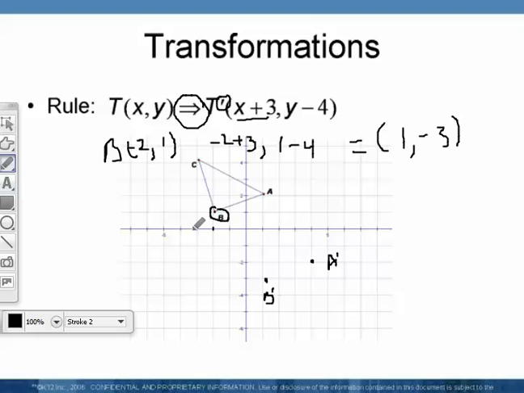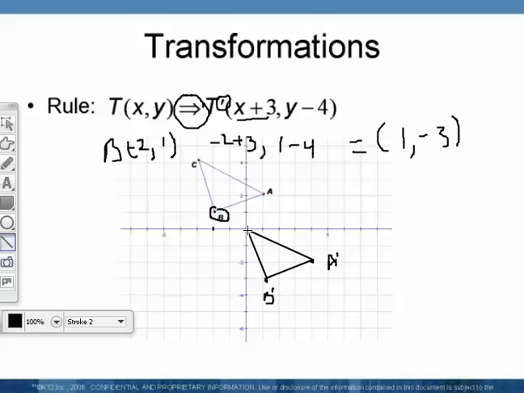C is sitting here at negative 3, 4. So it's going to be at x plus 3 and y minus 4, right there at that point. And I could connect those 3 points, and I just did a transformation of that using the rule. Okay?